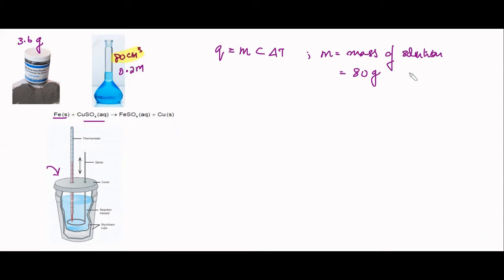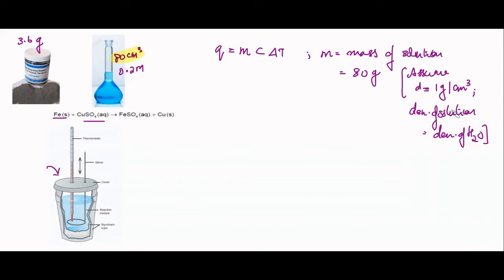So I'm highlighting, we are assuming that the density is equal to 1 gram per centimeter cube. We are just assuming the density of the solution to be equal to the density of water. This is an assumption that is made here. From that only we are getting the mass is 80 grams.